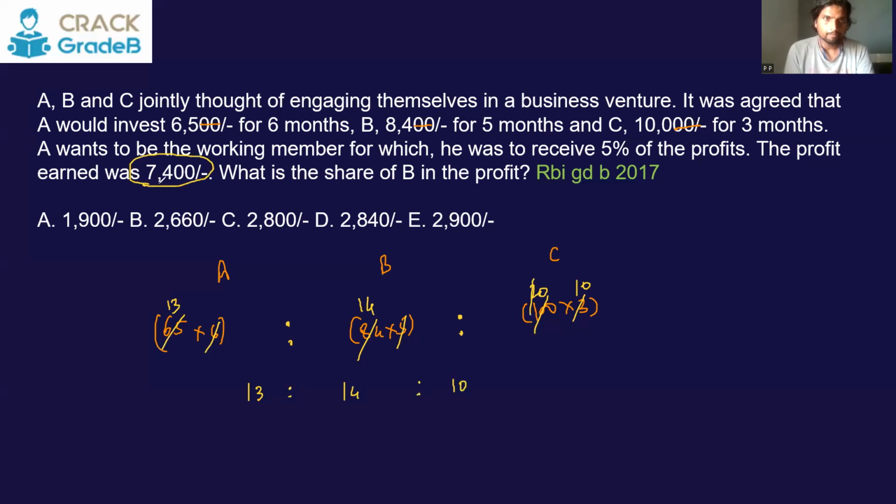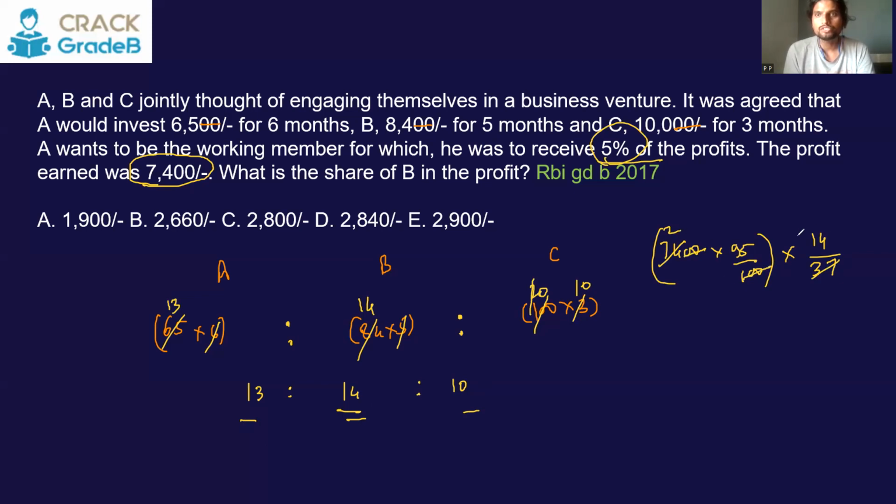Now, this is the profit, but first A gets 5% of it. So as a salary, A upfront gets 5% of it. So the remaining will be 95% of it. So only 95% we have to divide in this ratio. Out of which how much is B going to get? B is going to get 14 parts of a total of 13 plus 14 plus 10, that is 37 parts. 37 times 2 is 74, 7,400, the 0 gets cancelled.